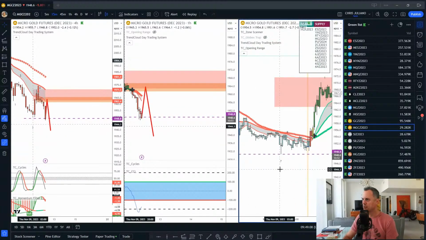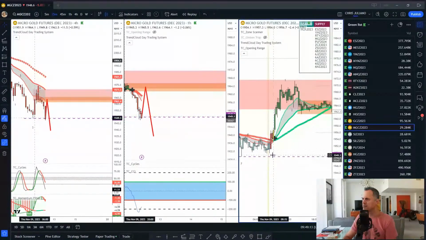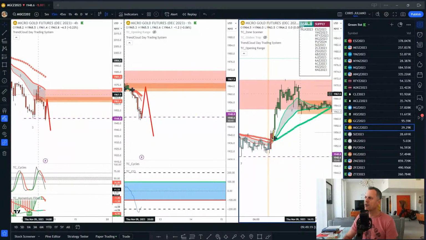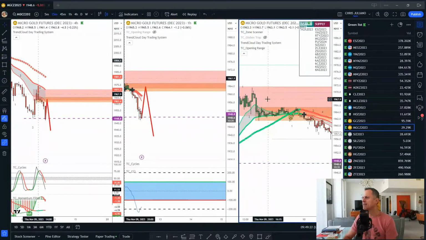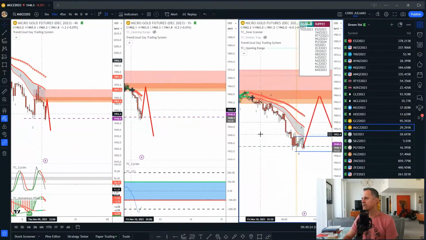Went 7th wave, 8th wave. Car's running out of gas. It's got to break back above that 50, and in this case it broke back above, the car refueled, and continued the downtrend, right?